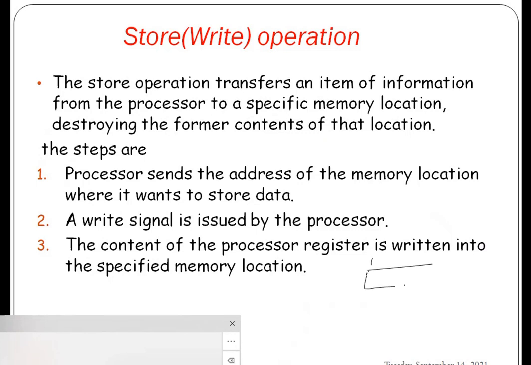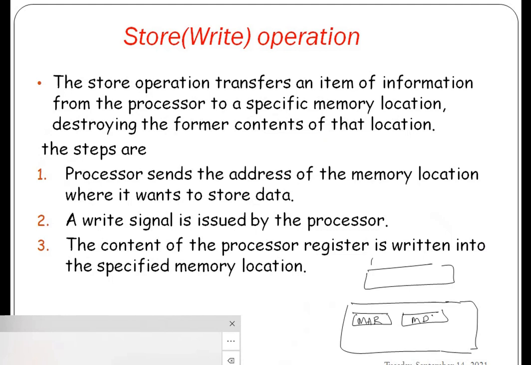Consider the processor has executed a particular instruction and the result needs to be written back into the memory. In that case, the processor needs to tell which address the data should be written to. That is sent to MAR.